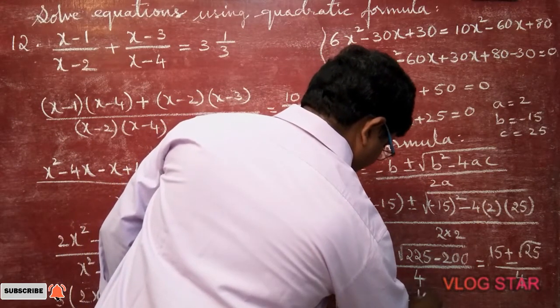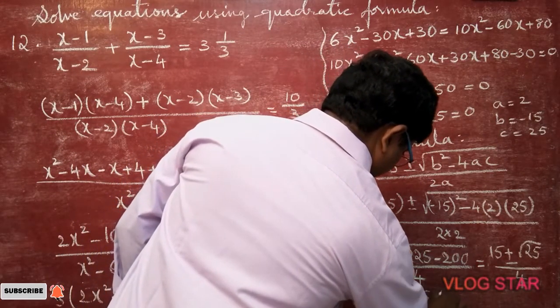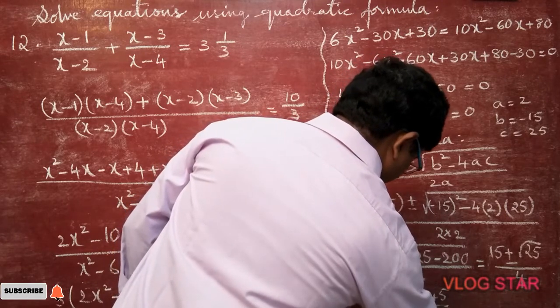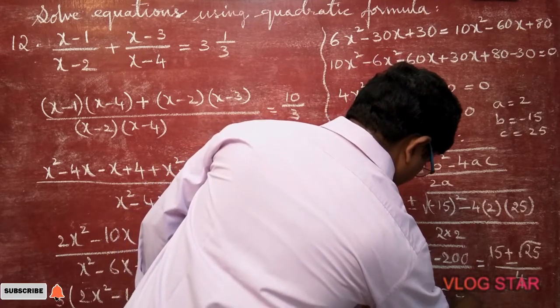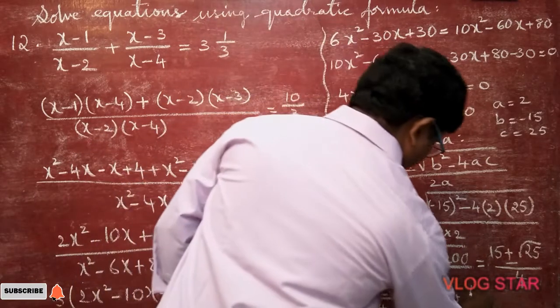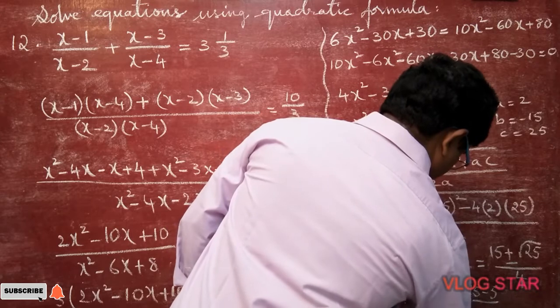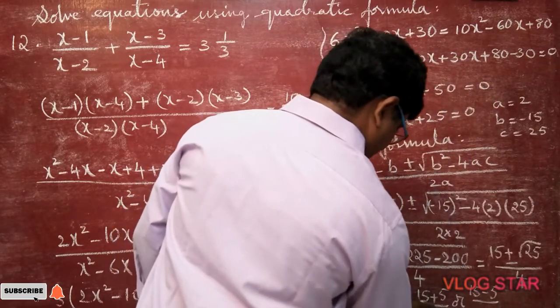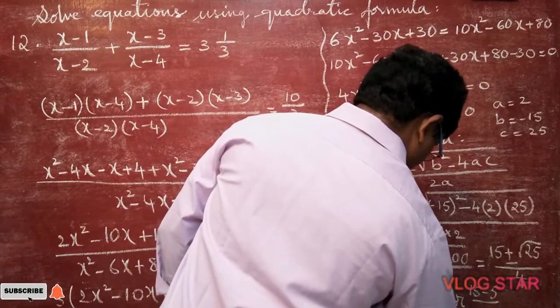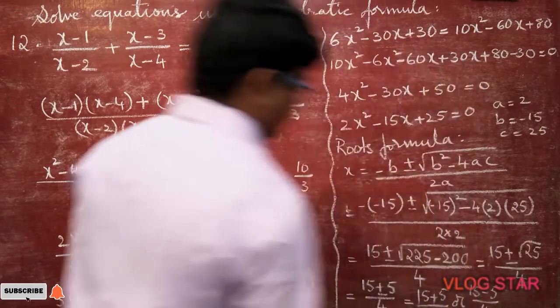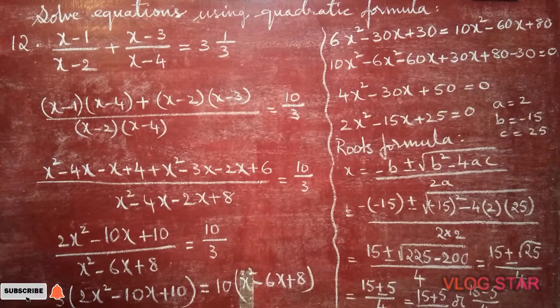So 15 plus 5 by 4, or 15 minus 5 by 4. Now you can solve and find the answer.